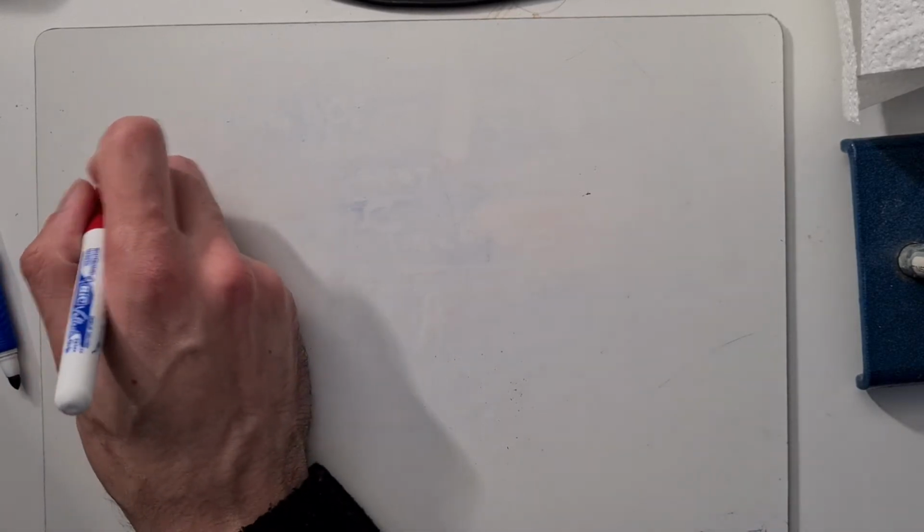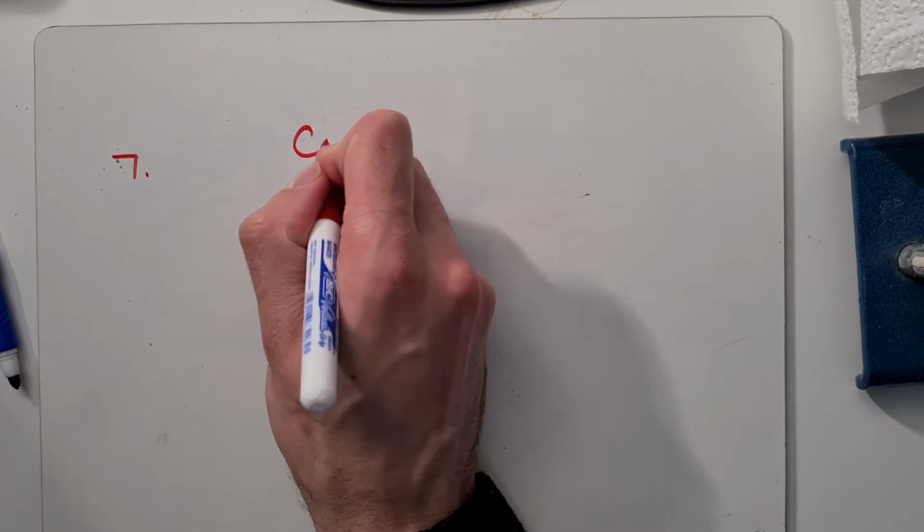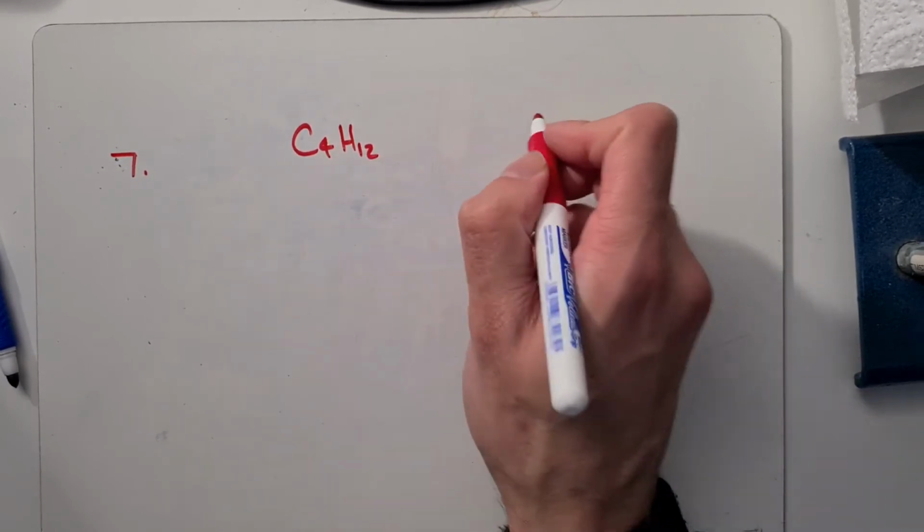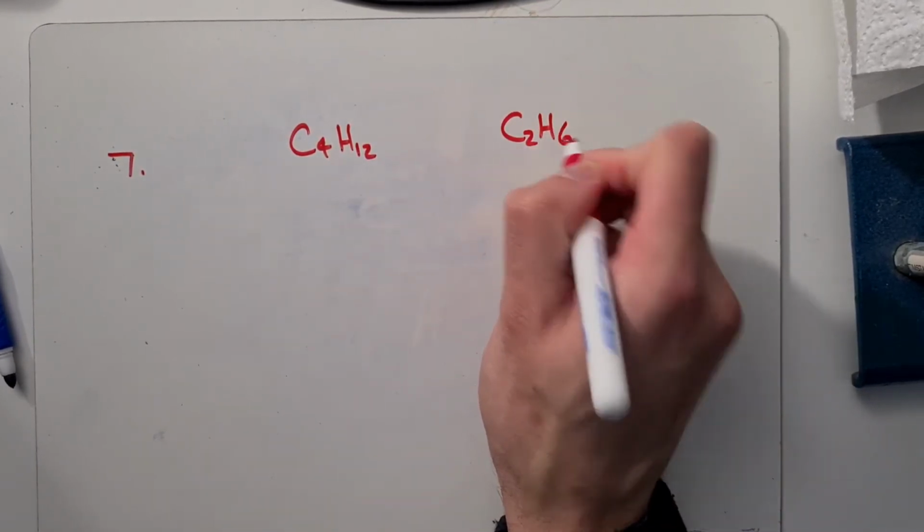It's not telling you a mass to the number of moles, it is just the number of particles, so we don't need mass in there. Number 7: which is the correct pair of molecular and empirical formulae? If we go through each one, we've got C4H12 and C2H6.